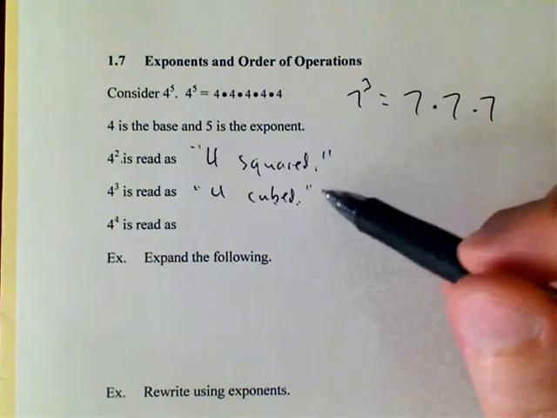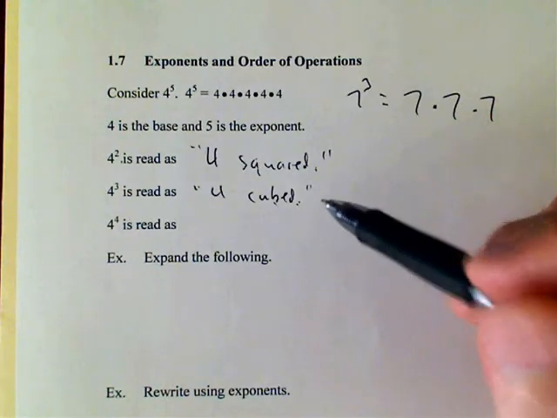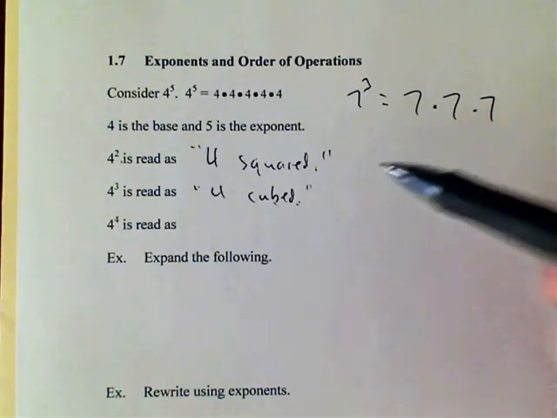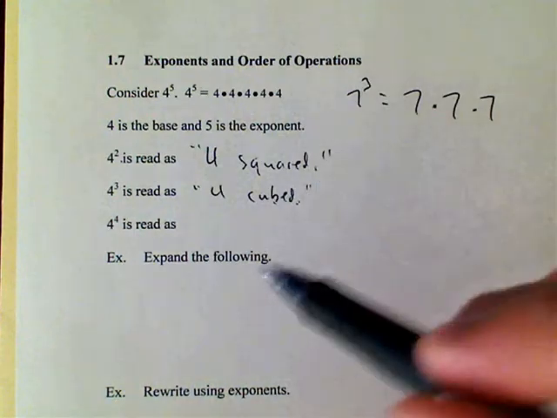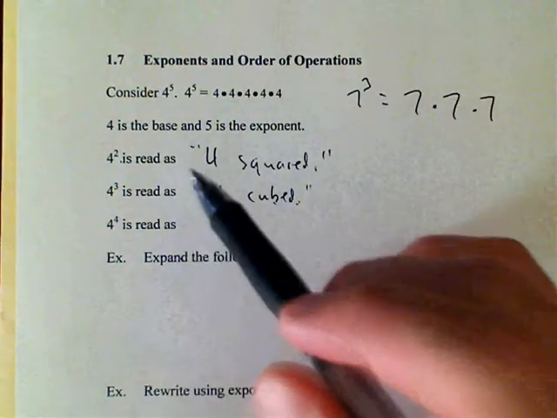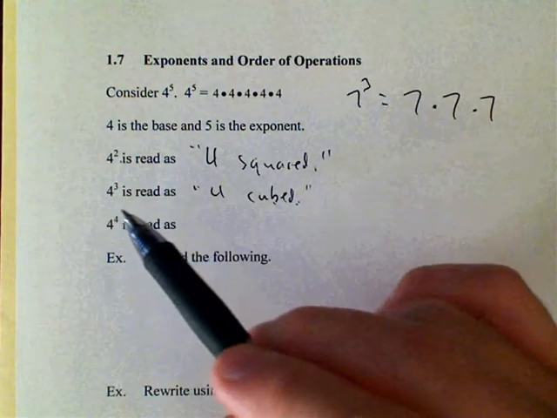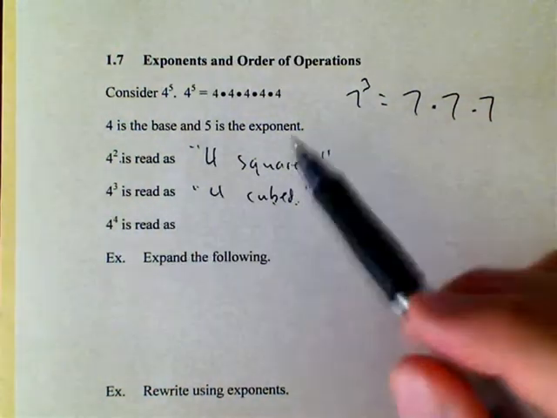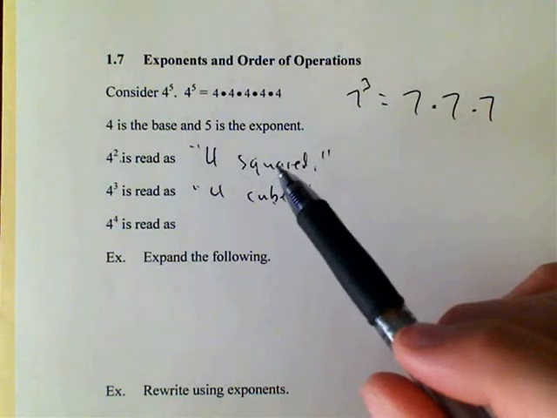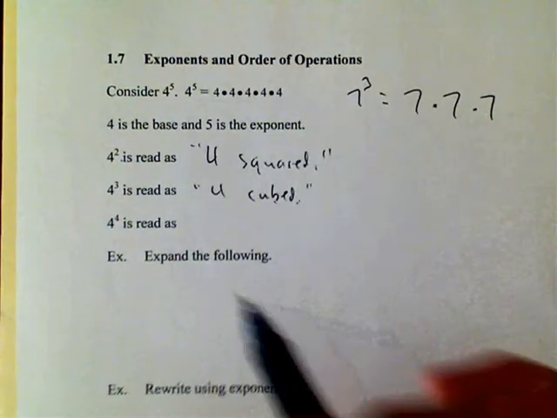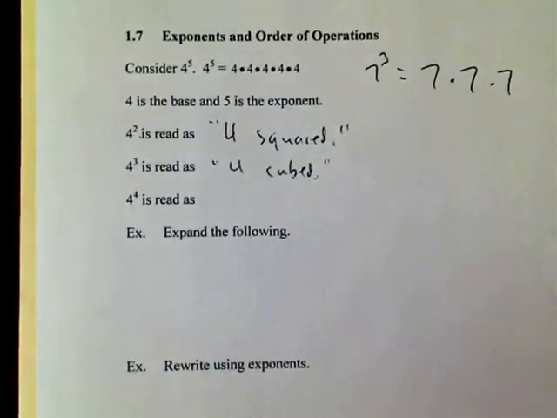When we find the volume of a cube, we multiply side times side times side. I'll talk about that later on in other modules. Now 4 to the 4th is read as 4 to the 4th. It doesn't have a special name. These are the two that we give special names to.